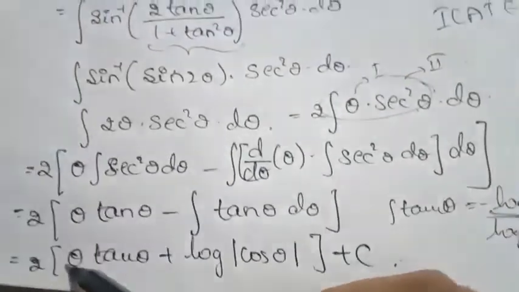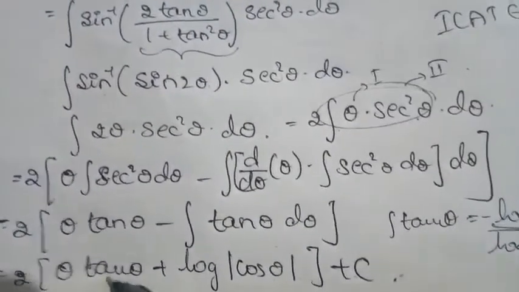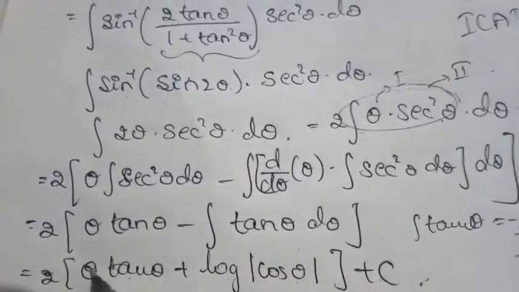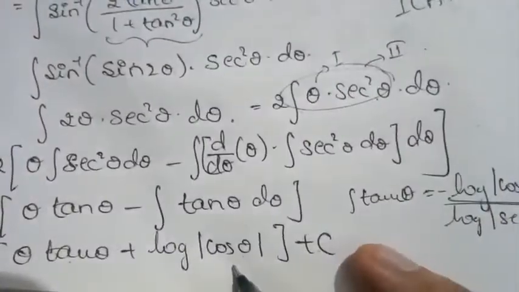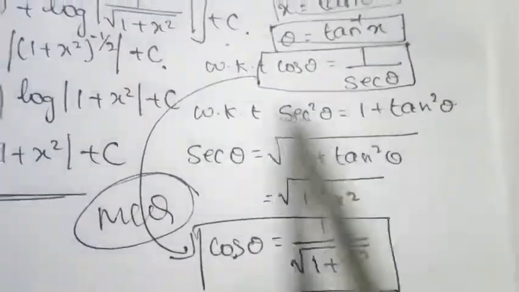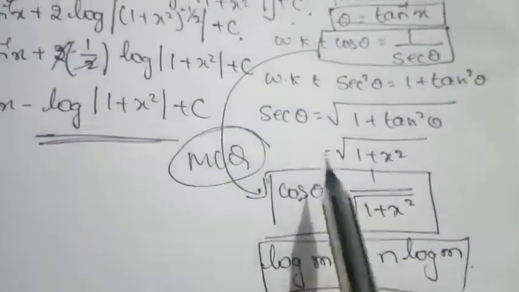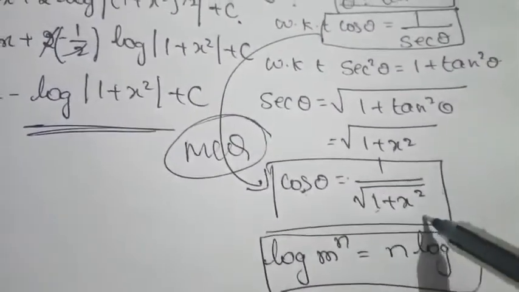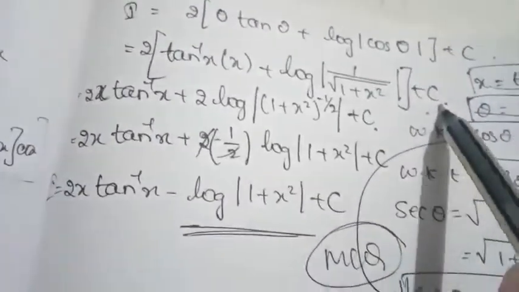But we started the question with x, so I need to resubstitute back the value of theta. So I have taken x is equal to tan theta. So tan theta is replaced by x and theta is replaced by tan inverse of x. To replace cos theta in terms of x, we started by taking cos theta is equal to 1 by secant theta, and by trigonometric identities we came to the conclusion that cos theta is equal to 1 divided by square root of 1 plus x square, and substituted all those values here and we got the answer.